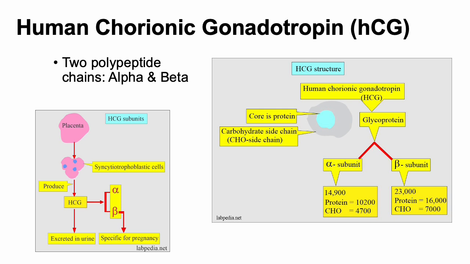And before we dive in to the GTN lecture, I did want to go over just beta HCG. I think this comes up quite a bit. There are two subunits of HCG, alpha and beta. The alpha subunit is the same for all the glycoproteins, so LH, FSH, TSH, while the beta subunit is unique for HCG.